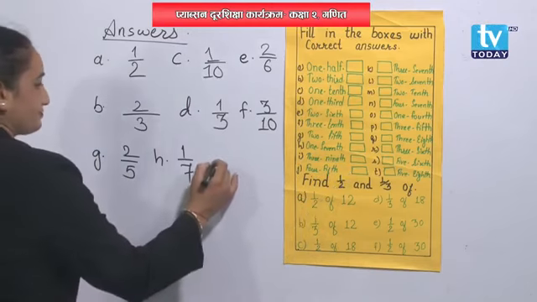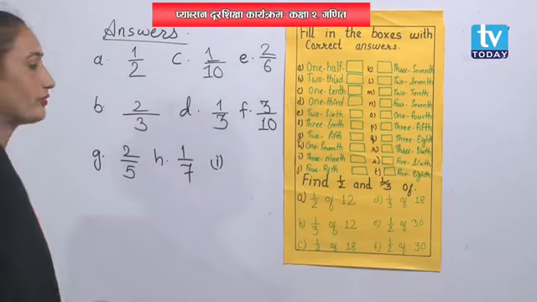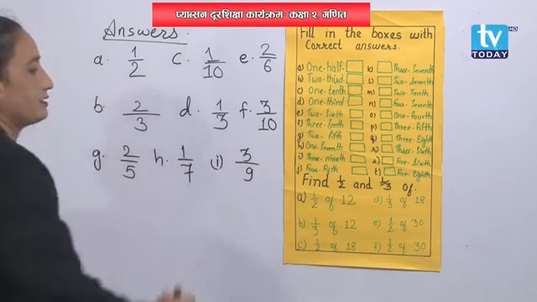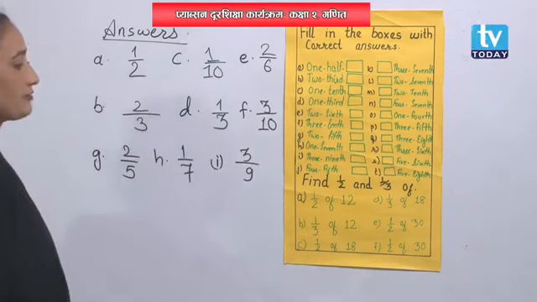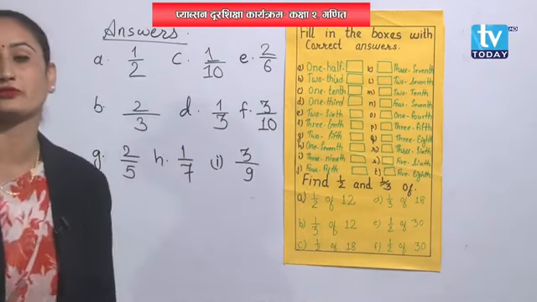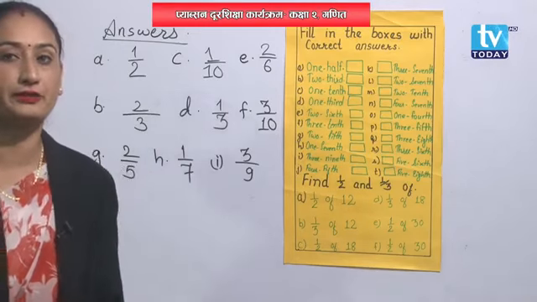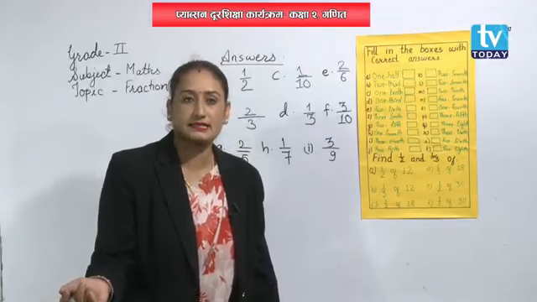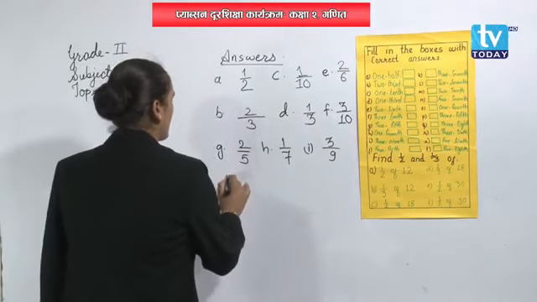Out of 9 parts, 3 parts are shaded. So 3/9. Now the next number, 4/5. Out of 5 parts, 4 parts are shaded. So how to write? 4/5.